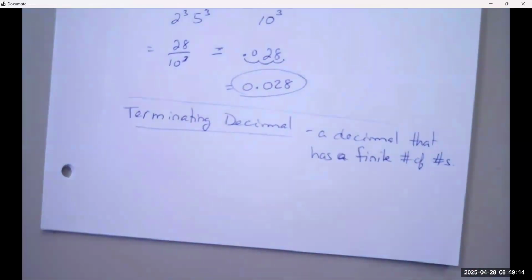A terminating decimal is a decimal that has a finite number of numbers. It doesn't go on forever.